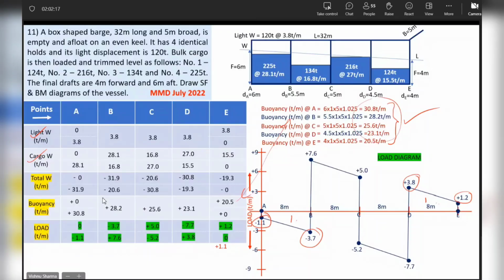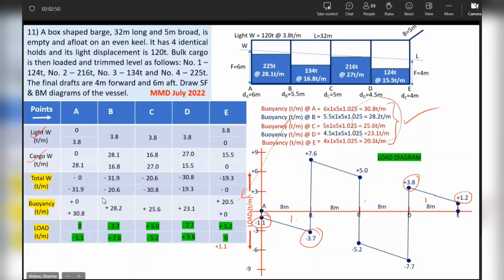Secondly, if you add the total weight of the cargo of the ship, light displacement plus cargo, and you calculate the displacement by law of flotation, that is length into breadth into draft of 5 meters into 1.025, you'll find there is a difference of 1 ton between the buoyancy and the displacement. That means drafts have also been rounded off. We have also rounded off the values, and they are showing up as a difference in these two.